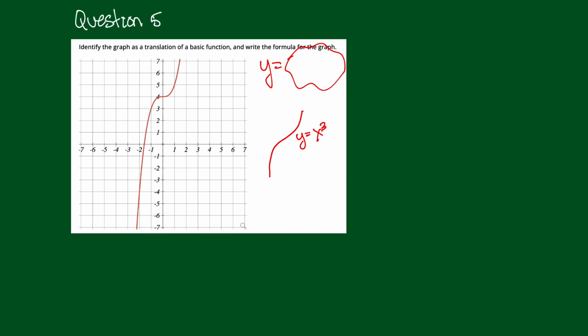But now this one seems to be flipped over, so this would be y equals negative x cubed, but it's also up 4 units. So I'm thinking it's y equals negative x cubed plus 4. So that's what I'm going to claim. Y is equal to negative x cubed plus 4. And that's coming from that basic function, y equals x cubed.